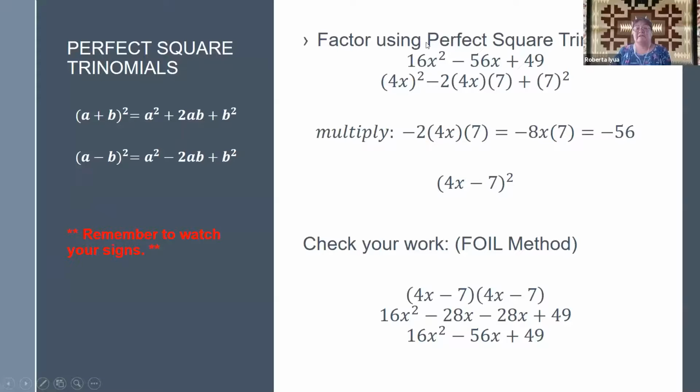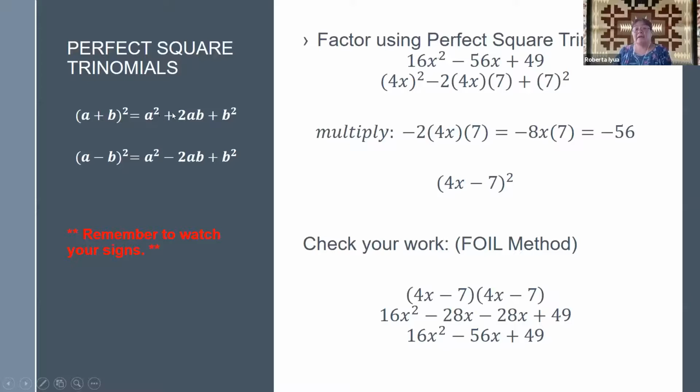This one says factor using the perfect square trinomial: 16x squared minus 56x plus 49. Here I found the factors of 16, which is 4 times 4, and the factors of 49, 7 times 7.